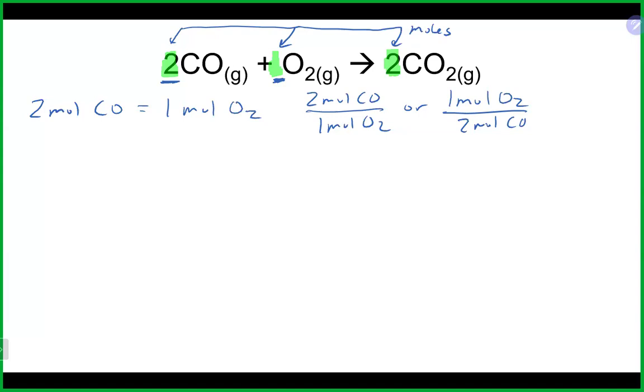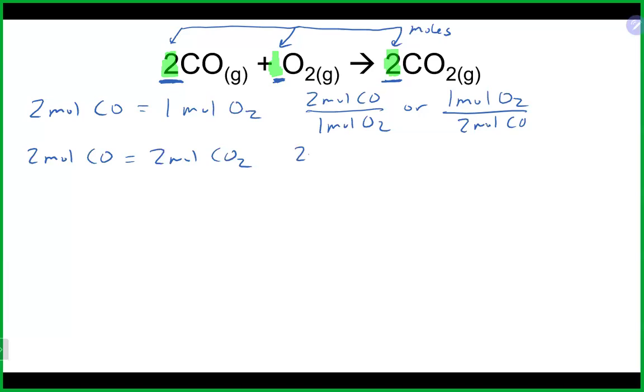Now, if I look at this equation, for every 2 moles of CO I put in there, how many moles of CO2 do I get out? I get 2. That gives me another equality that I could get from this equation. For every 2 moles of CO, I get 2 moles of CO2 out. That again is going to allow me to have 2 more conversion factors I technically could use in the calculation.